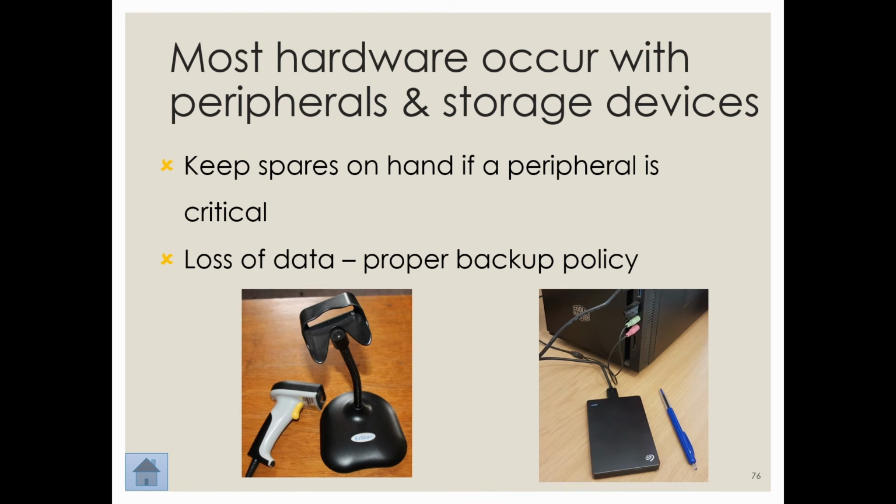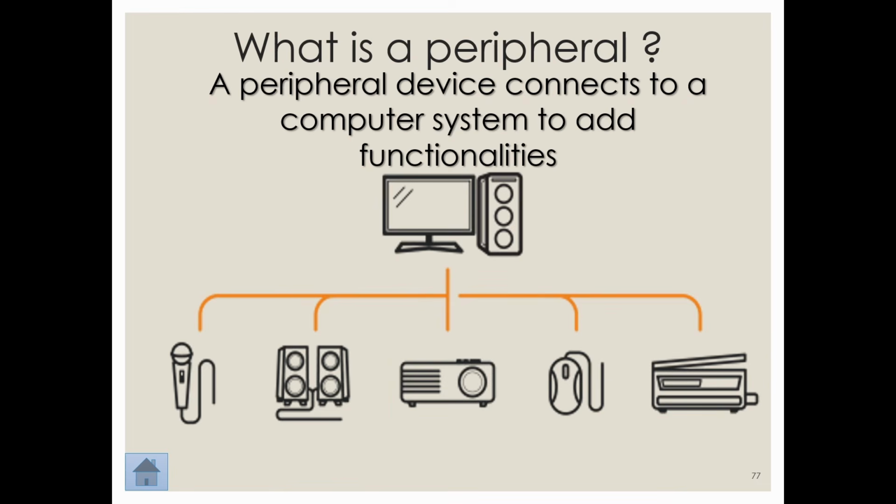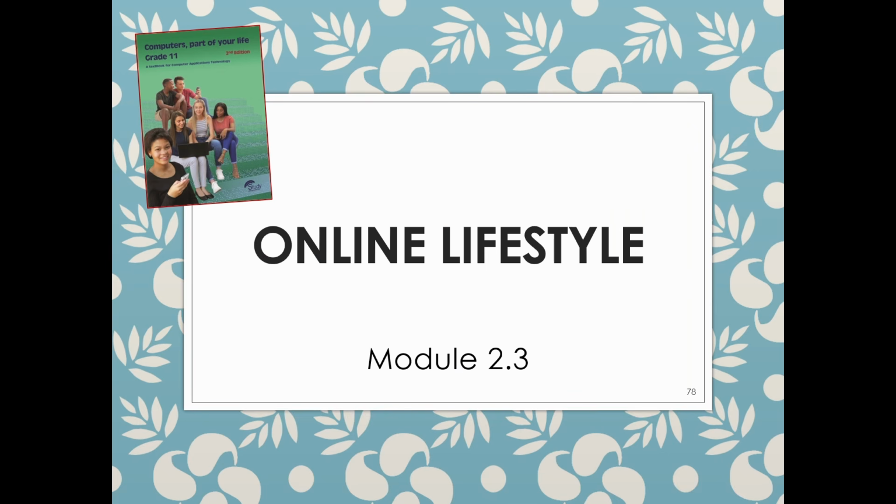Loss of data, you want to make sure there is a proper backup policy. Let's touch on this quickly so that we understand what a peripheral is. It's a device that connects to the computer system to add functionality to it. So we add a microphone, speakers, a projector, a mouse, all of these things to add functionality.